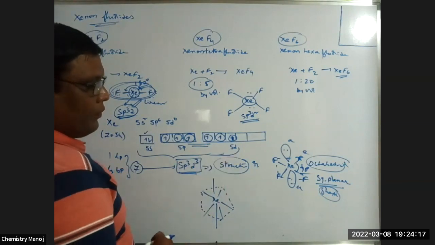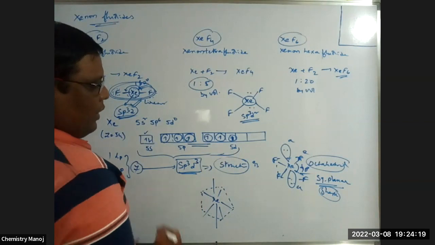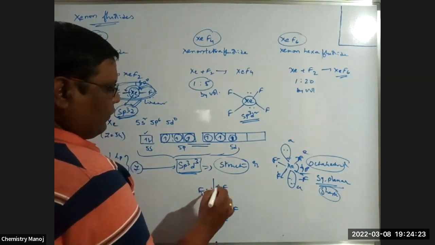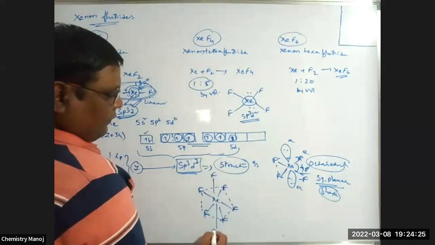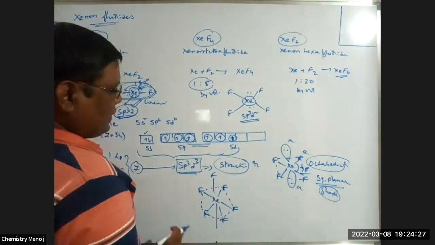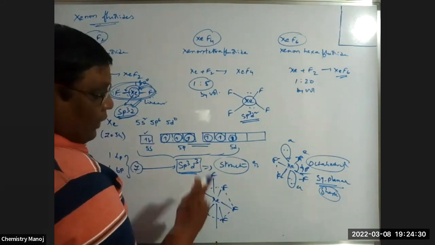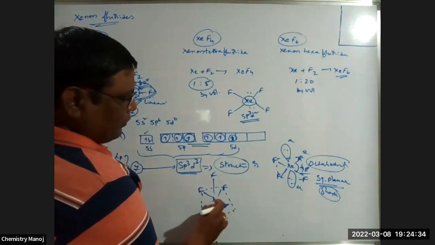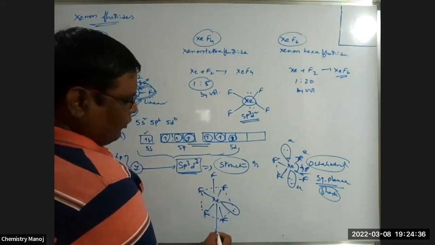Now one lone pair is also there, and that one lone pair is at the equatorial position.